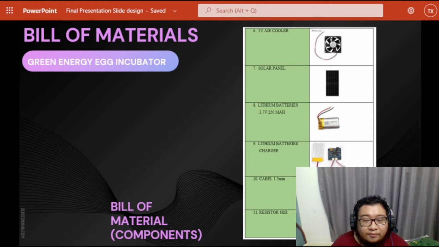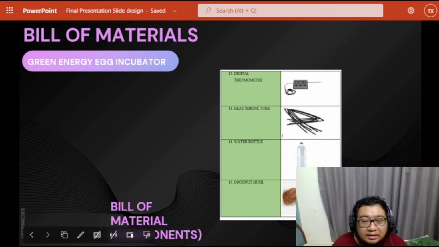Next, we are using the digital thermometer which is used to measure the temperature inside the container. Next is the heat shrink tube. Then we also use the water bottle to store the egg, and we also use the coconut husk to prevent the egg from breaking.